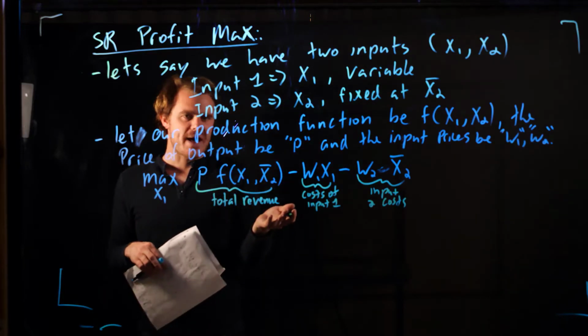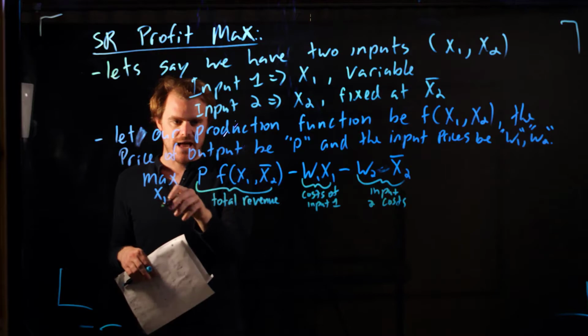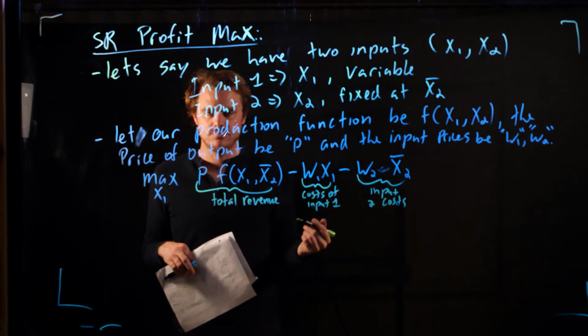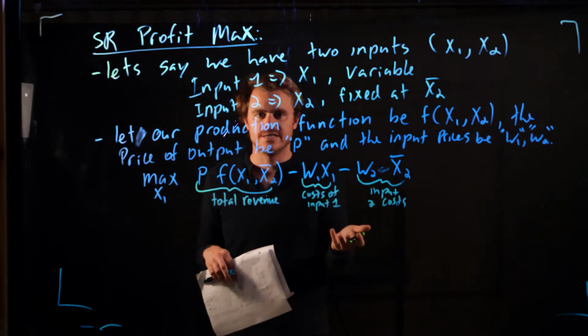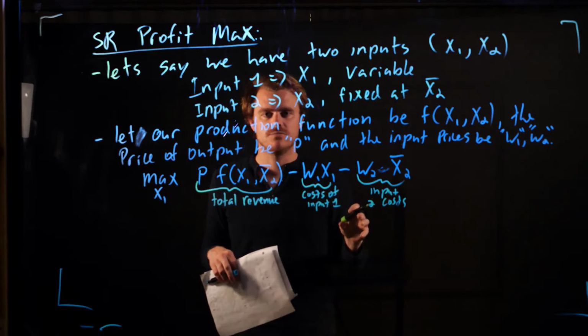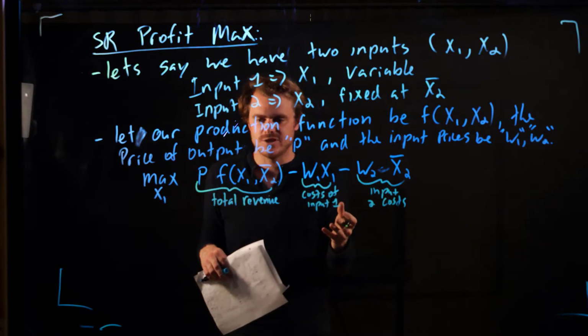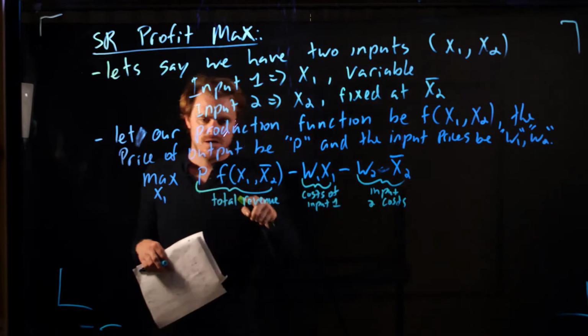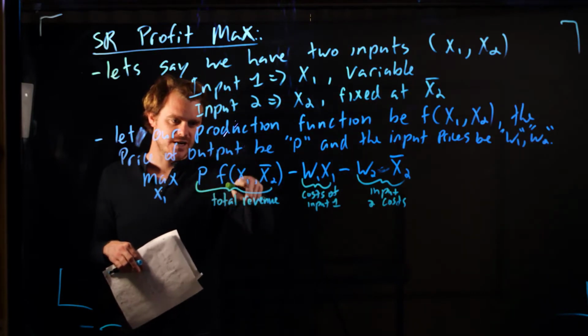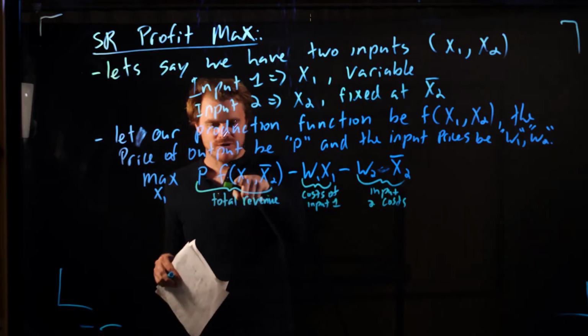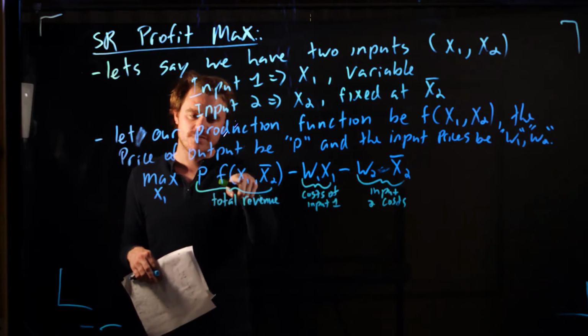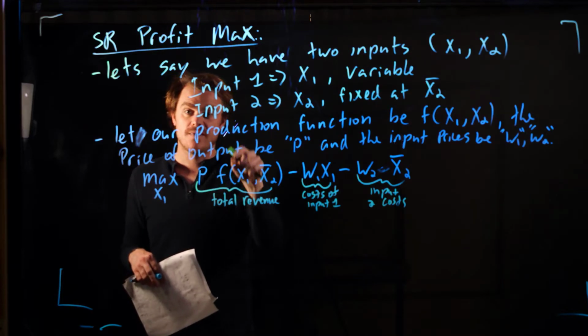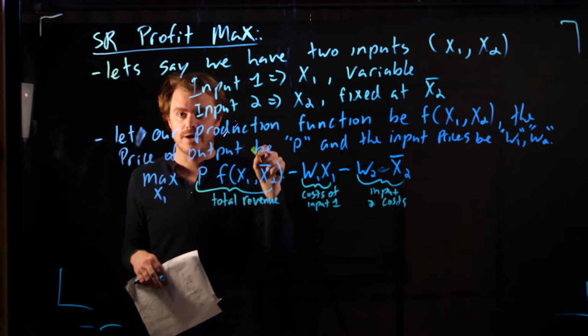Well, this is just a maximization problem. We're just picking x1. So let's figure out the first order condition. If we set that equal to 0, that's our profit maximization criteria. The first term, x1 is in this. If we took the derivative of our production function with respect to x1, we call that the marginal product.